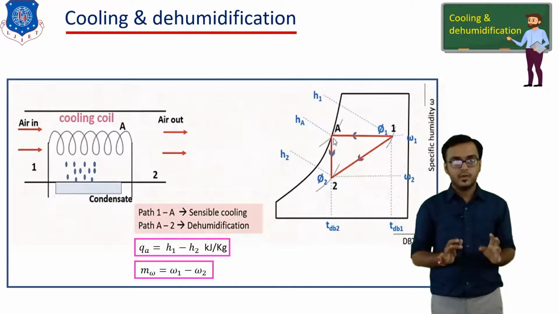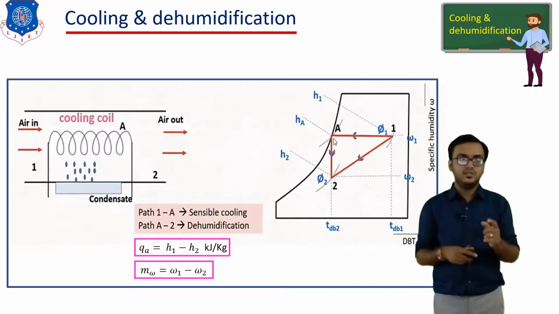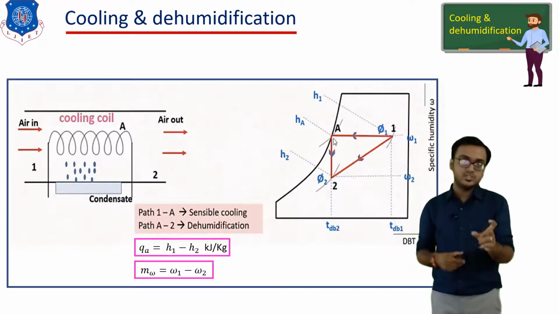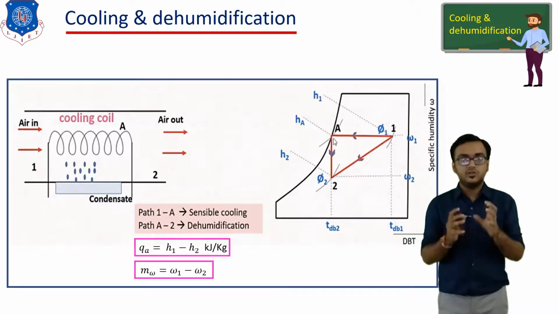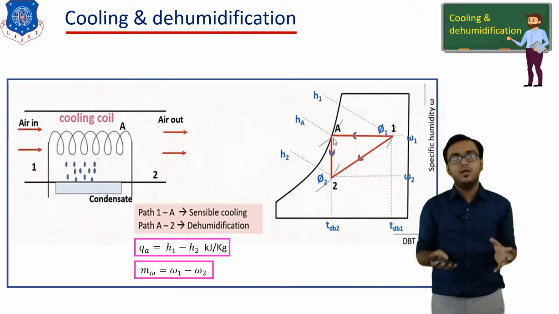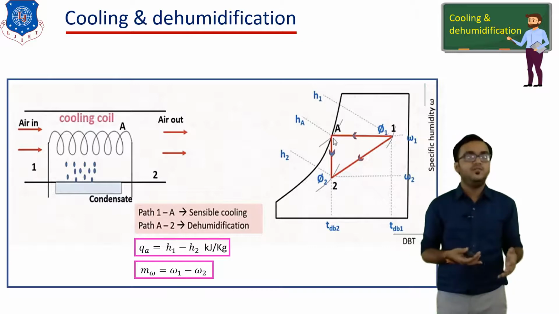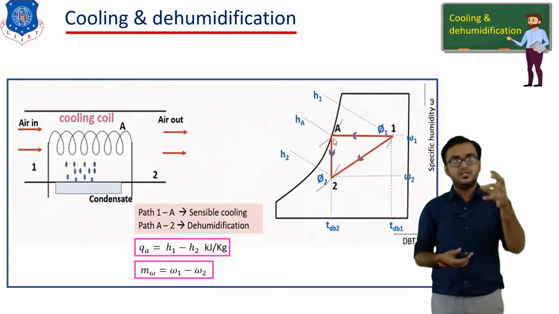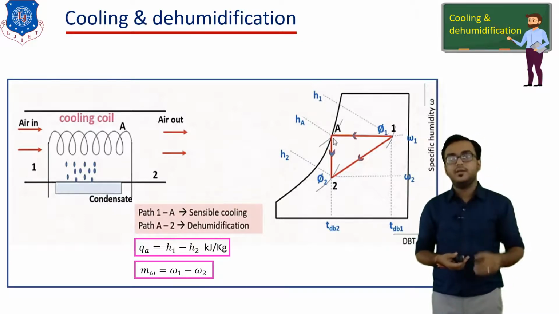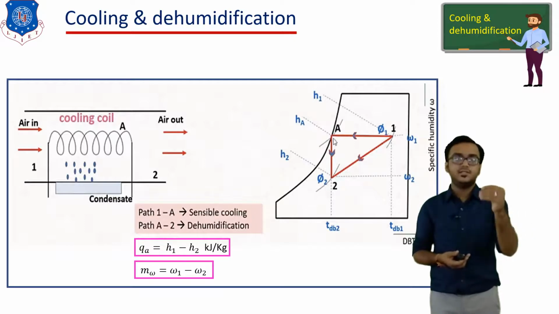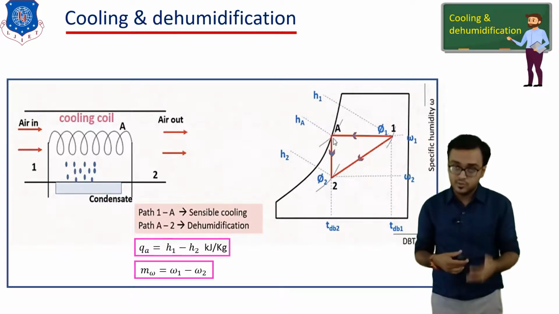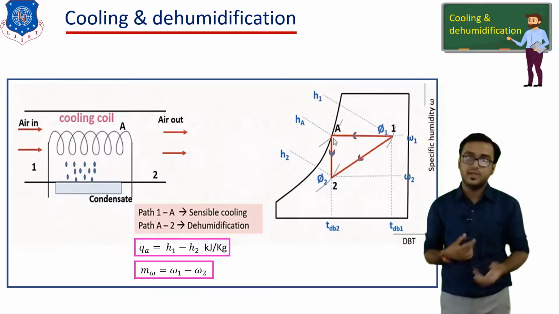Clear? Again, I would like to recapitulate this process because it is quite important, and in the majority of air conditioning systems in India, we are performing cooling and dehumidification. Just observe the diagram here. As the air passes over the cooling coil, its temperature is reduced because the refrigerant absorbs the heat from the air.